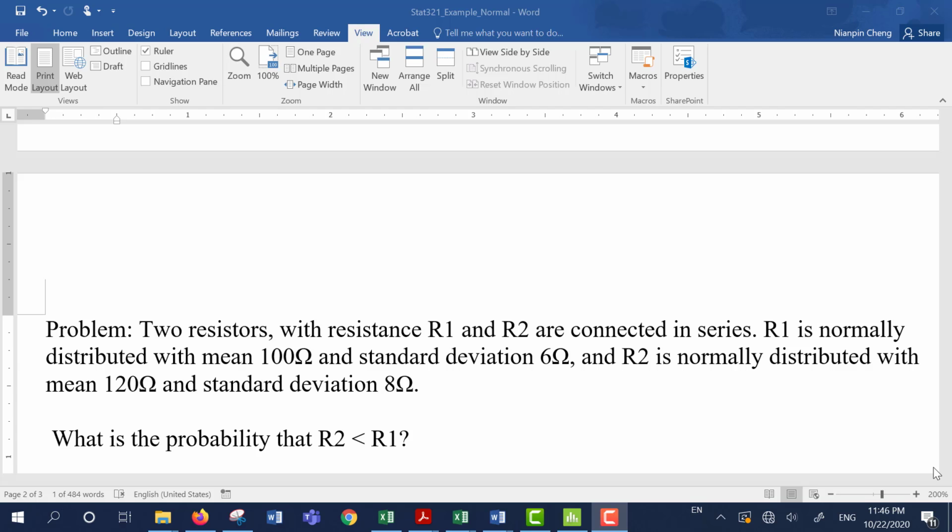So we know we can solve the problem using the linear combination of normal distributions. But now I'm going to show you how to estimate the probability using simulation in Minitab.